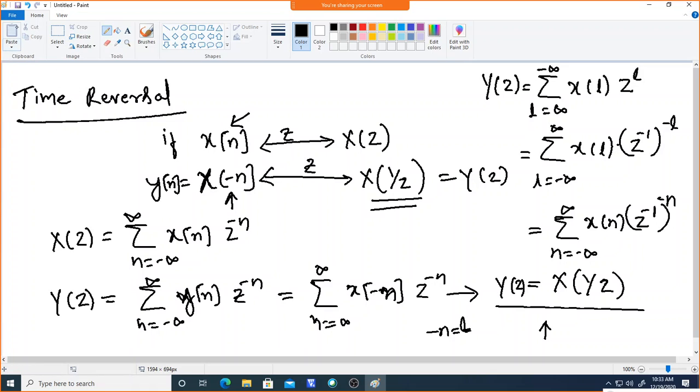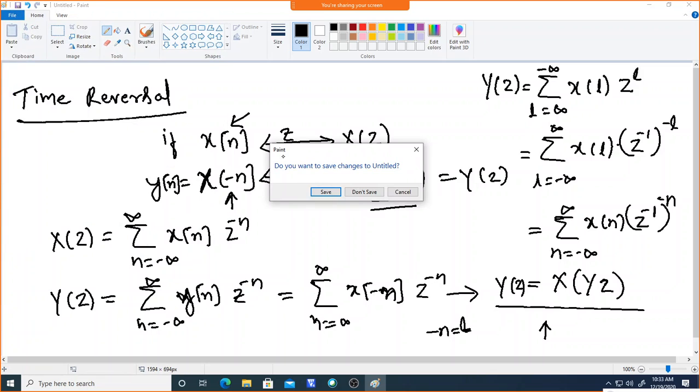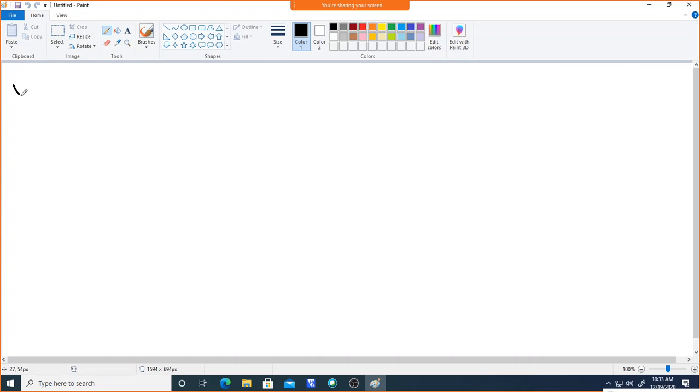Now we move on to the next one, the convolution property. This is an already known property from Fourier representations also.